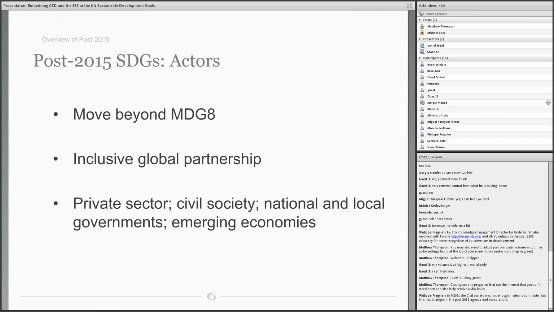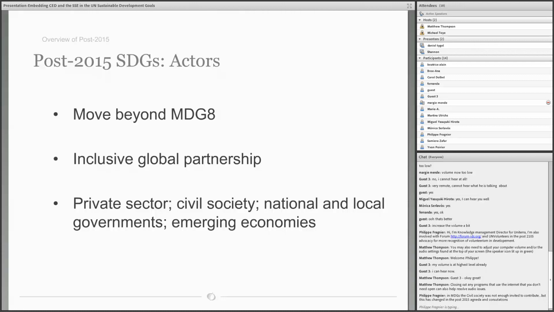There's a lot of discussion of what I would call almost an MDG 8+ approach, where we're moving beyond that intergovernmental focus, beyond the north-south paradigm, and looking at a partnership that's inclusive, bringing together a number of actors that impact development. People talk about parliamentarians and municipal governments, provincial governments, civil society, South-South cooperation providers, and so on. So there's talk of ensuring that there's space for various actors to participate in some kind of inclusive global partnership to implement this agenda going forward.